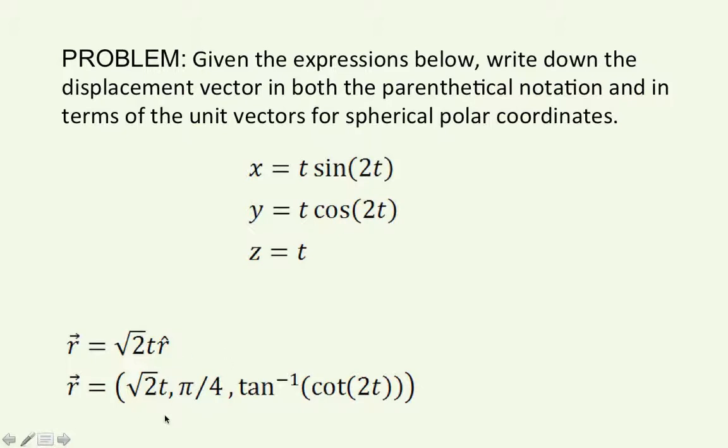And for the parenthetical notation, you should have gotten (square root 2 times t, pi fourths, tan inverse of cotangent of 2t). If you were able to get the correct answers for this problem, good job. If not, you should read pages 134 to 135 in Taylor and do problem 4.40.